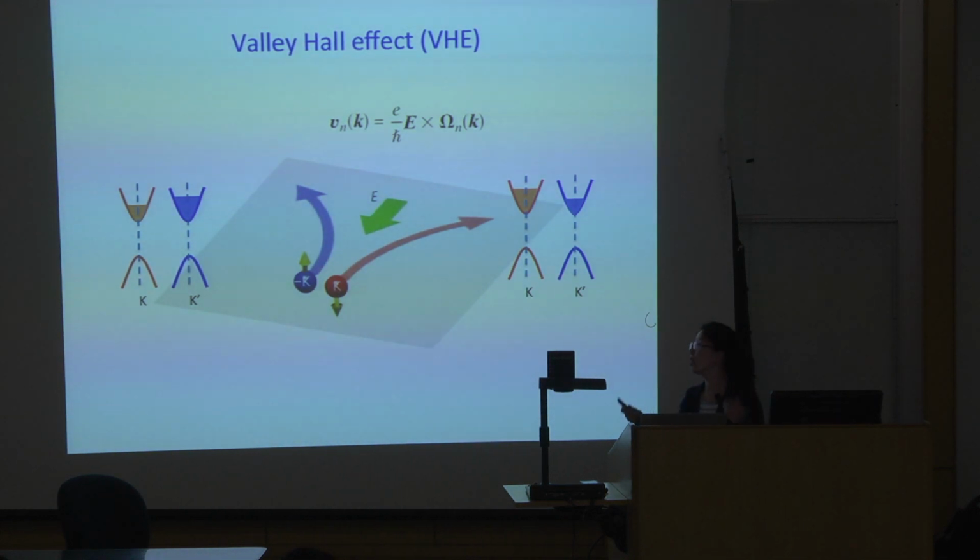So it should bend its trajectory. And if you have equal population of K and K prime, or negative K, which is the same thing, one type of electron will be bent towards one direction, and the other will be bent towards the other direction, right? Because they have different signs for the Berry curvature.